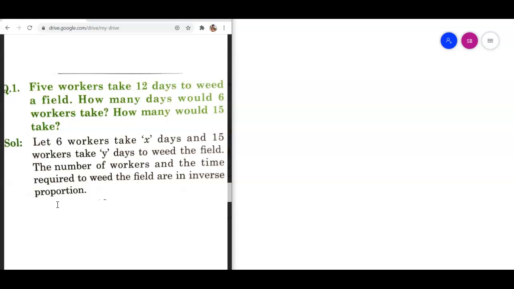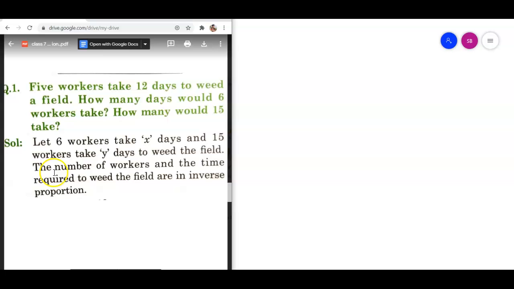Now here we know the field is constant. The amount of work to be done is not going to change. It's going to remain constant. Only the other factors, the number of workers and the number of days required, will change. Therefore, this kind of question will be of inverse proportion.